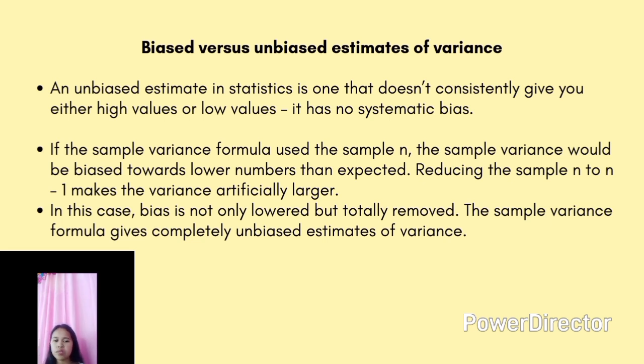Reducing the sample n to n minus 1 makes the variance artificially higher. In this case, bias is not only lowered but totally removed. The sample variance formula gives completely unbiased estimates of variance.